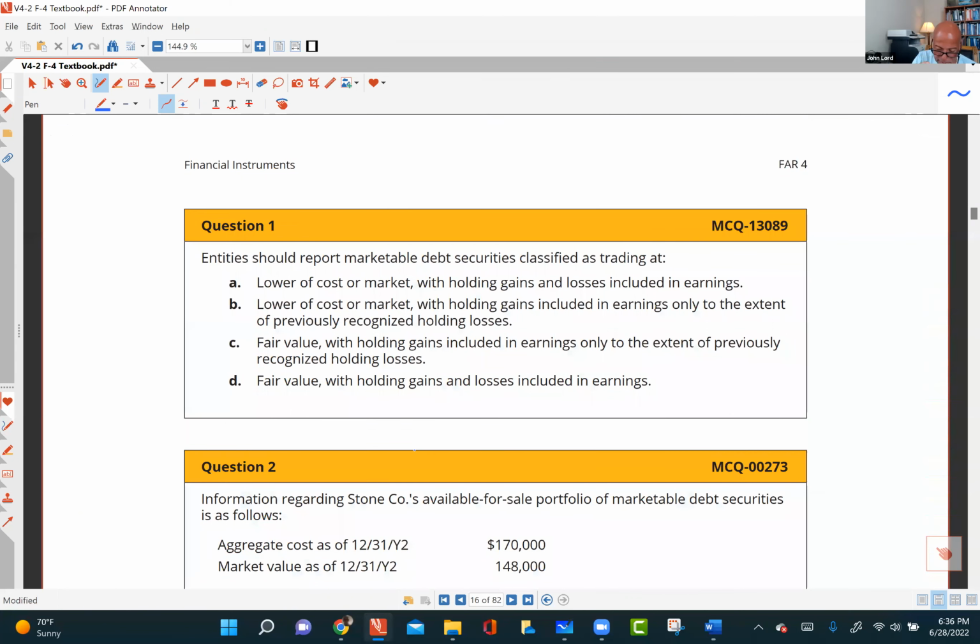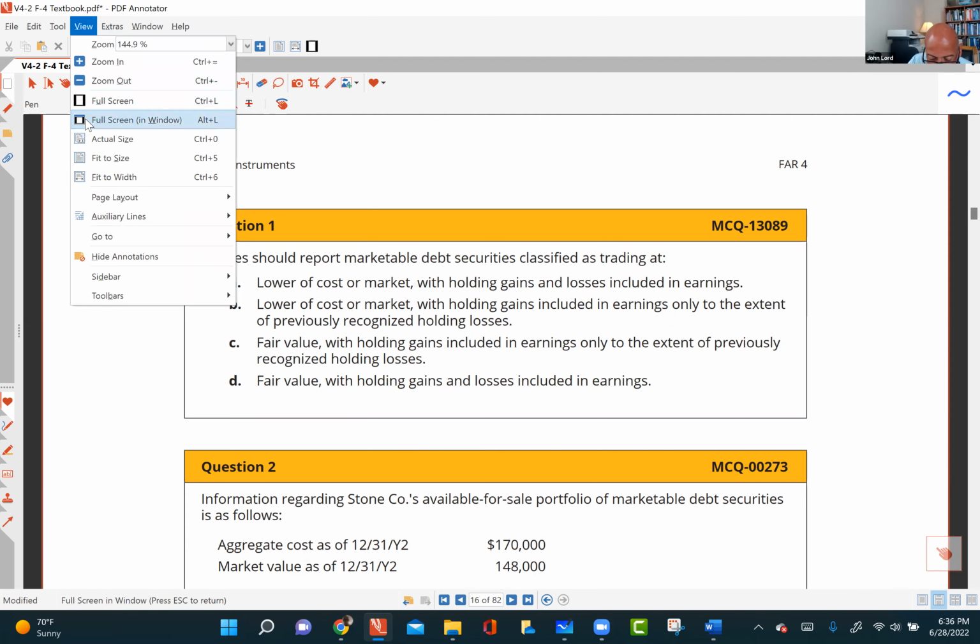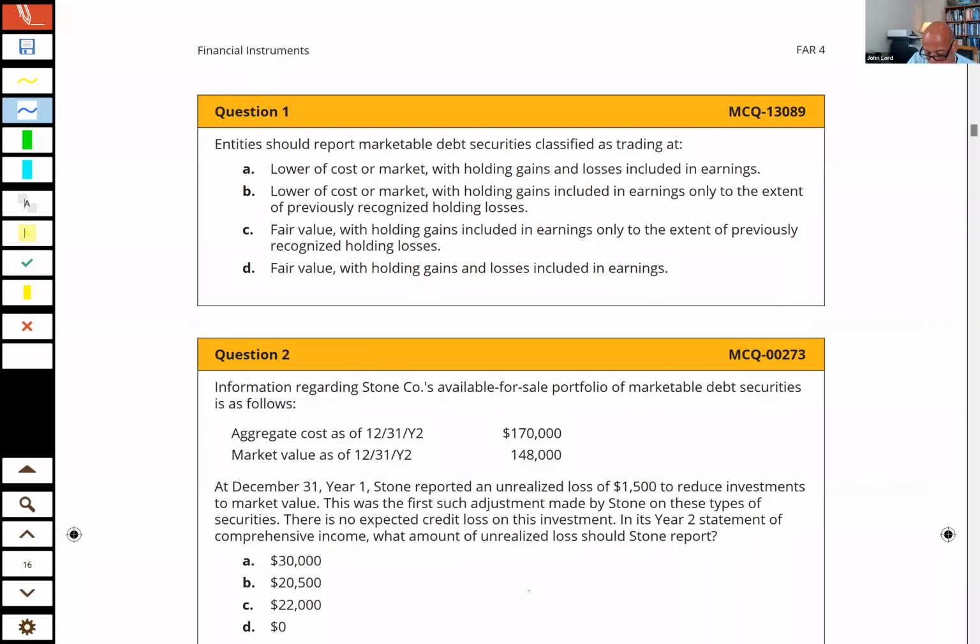I think the main takeaway is how to deal with the available for sale security when you ultimately sell it. Okay, all right, good. So let's go back to full screen, and I'm going to put the poll up.